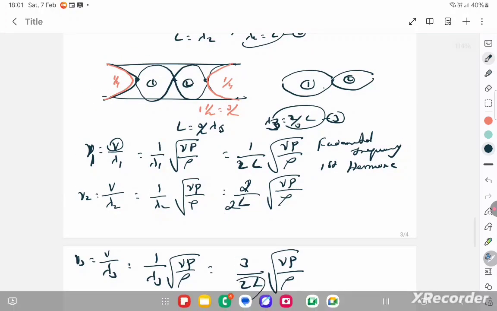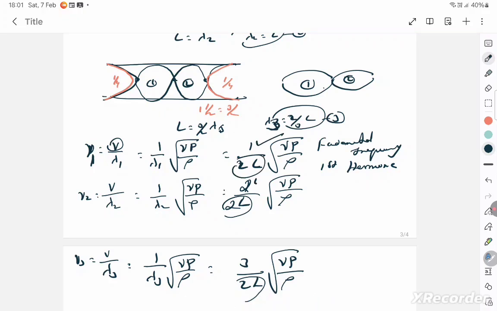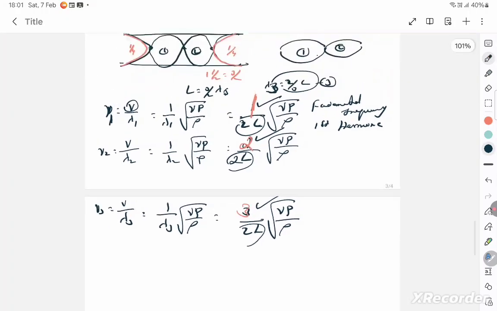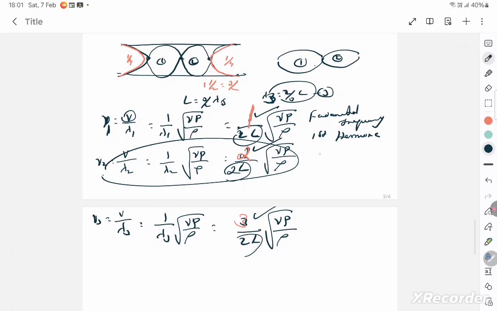So you see 2L, but 1 is to 2 is to 3. Can you see? There's a 1 is to 2 is to 3, and the second one is called second harmonic or first overtone. Next one is called third harmonic or second overtone.